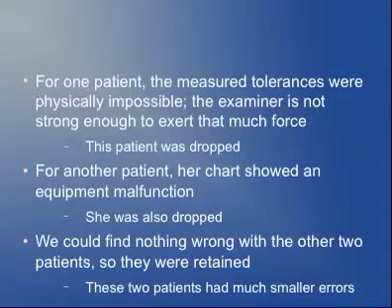As it turned out, the 2 that we got rid of were the 2 that had the largest sets of errors. The other 2, even though their errors were unusually large, were smaller compared to the 2 that we did get rid of.